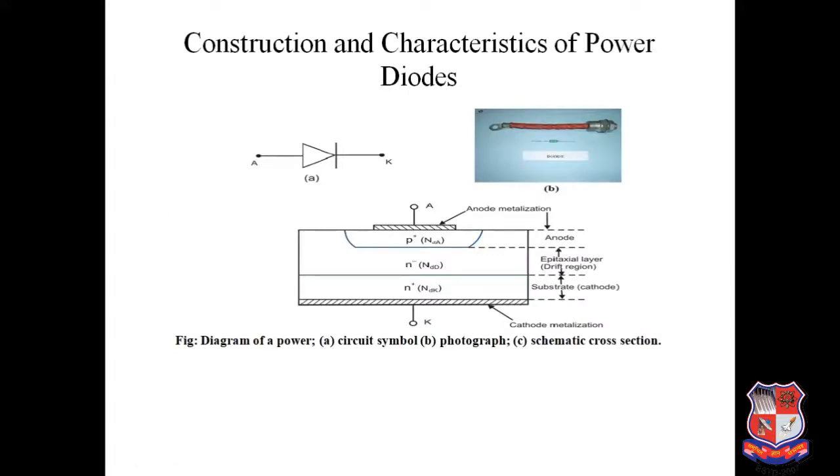From the construction and characteristics of the power diode, as mentioned in my introductory lecture, power diodes of largest power rating are required to conduct several kiloamperes of current in the forward direction with very little power loss, while blocking several kilovolts in the reverse direction.